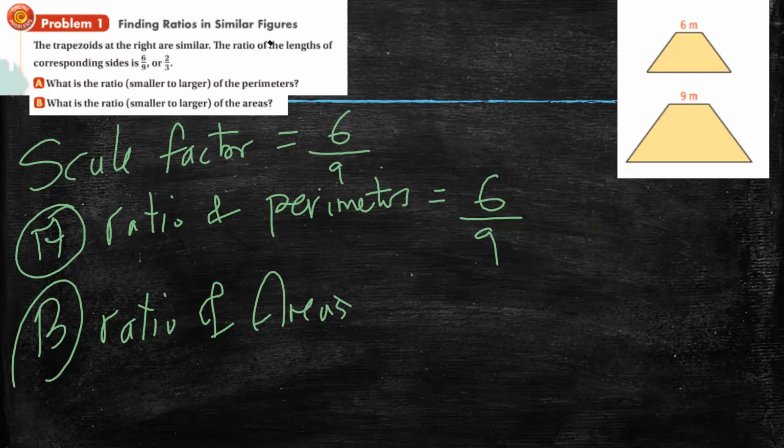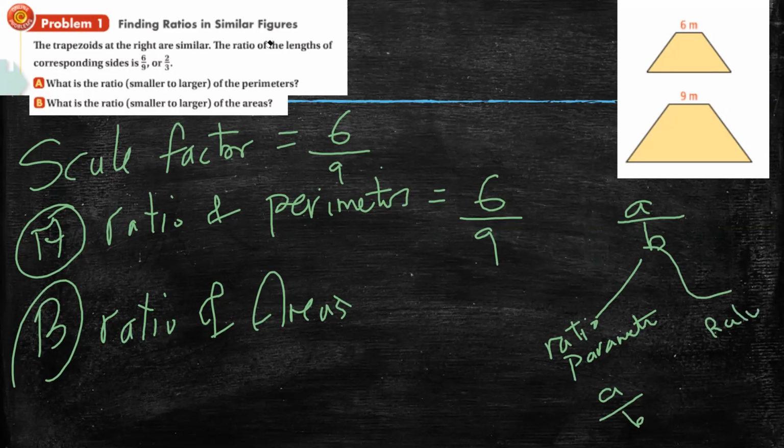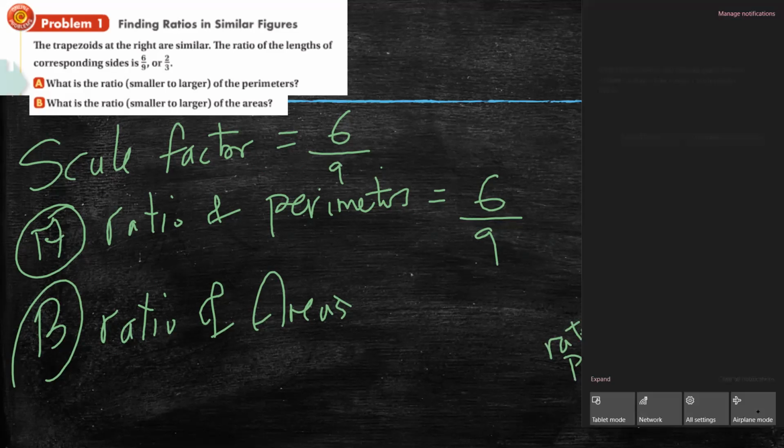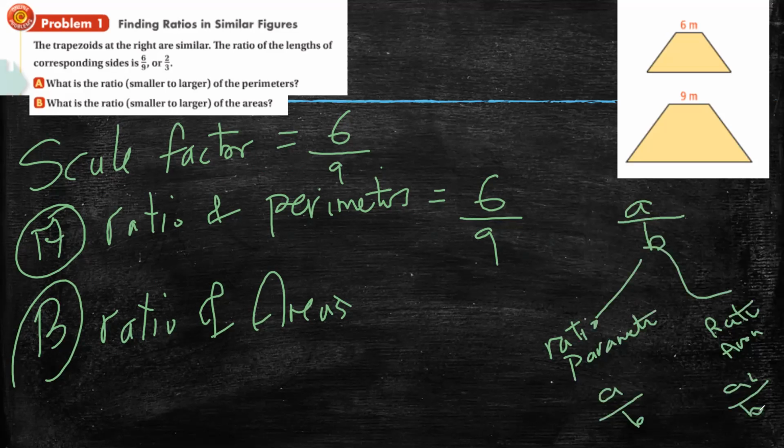I said that if the scale factor is A over B, the ratio of the parameter will be A over B also, and the ratio of the area will be A squared over B squared. What does it mean?